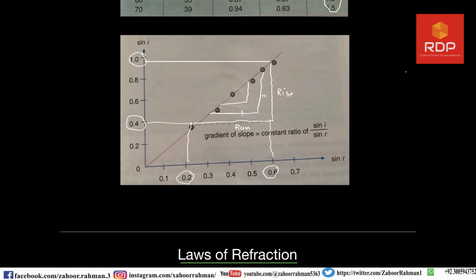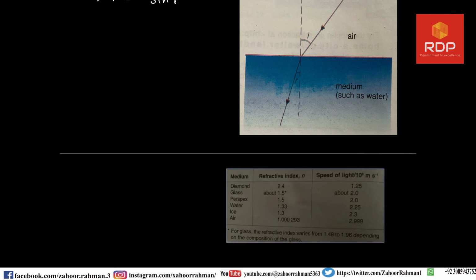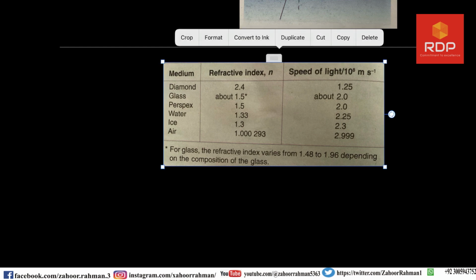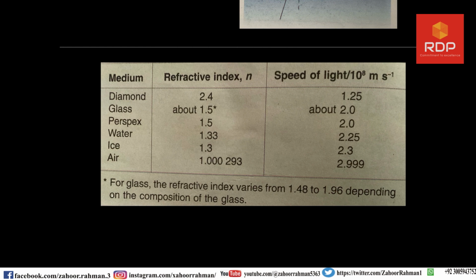Now the table is showing us that there are many different media, in which diamond, if we are seeing this, has a refractive index of 2.4, meaning that the ratio of sin i to sin r is 2.4, and the speed of light in it is 1.25.